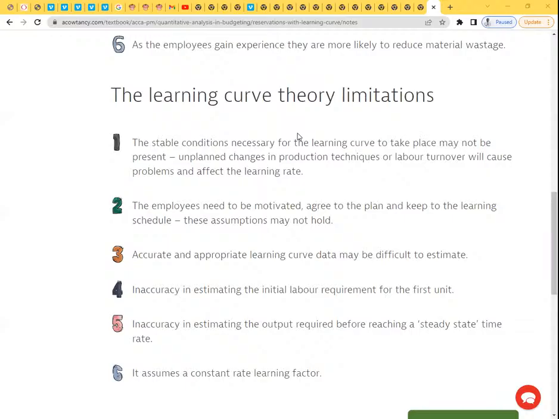It assumes that the jobs are repetitive, which is wrong. Even if it's a carpenter, this guy will do chairs today, tomorrow he'll do something different, and that is how things work, really. But you can't assume that these employees will keep on learning forever, and yet, after some time, they'll become demotivated, and even with the prior learning, they may not be able to produce at optimal. So you have got so many things in this case that you can discuss.